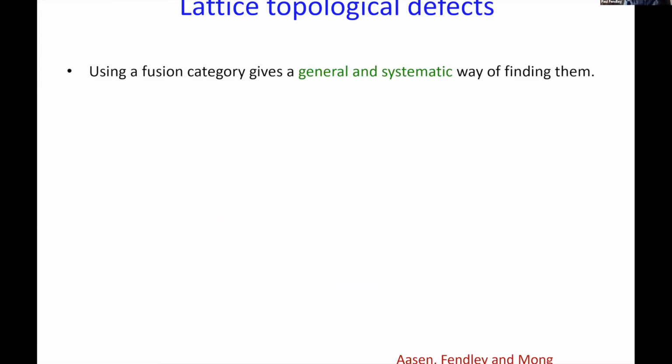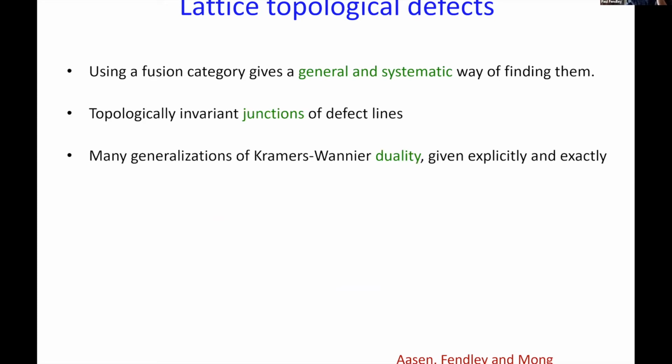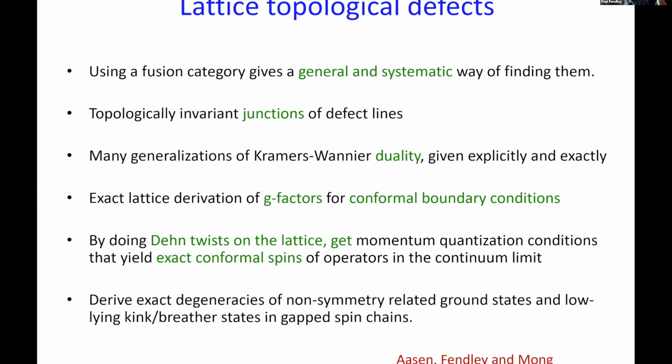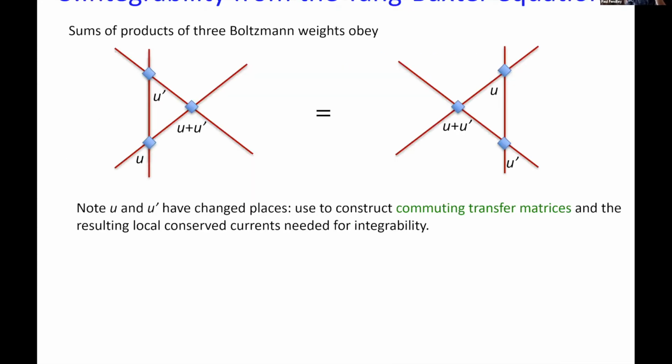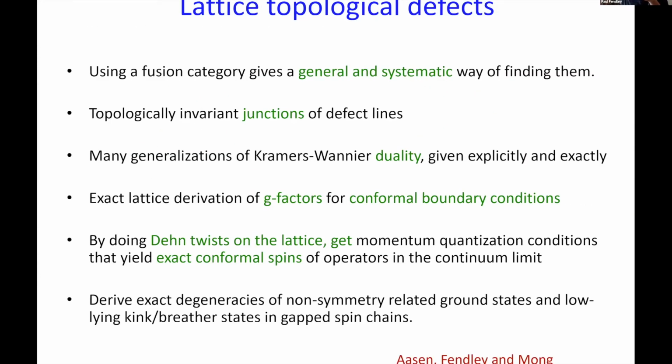What we do in this paper is give a very systematic way of defining topological defects on the lattice. And this gives all this universal information. In particular, it allows you to generalize Kramers-Wannier duality to a whole host of models. It's really a beautiful story.